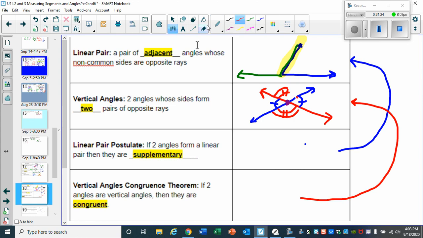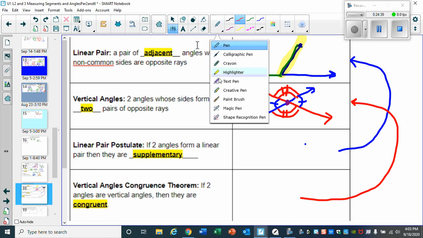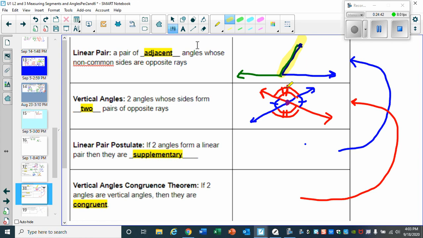The ones over here, in red, since it's two arcs, these angles are also congruent. Another way, you could always highlight. So you can highlight, for instance, in blue, where angles are going across, they're vertical. This blue one going across the point, these two angles up and down are equal.